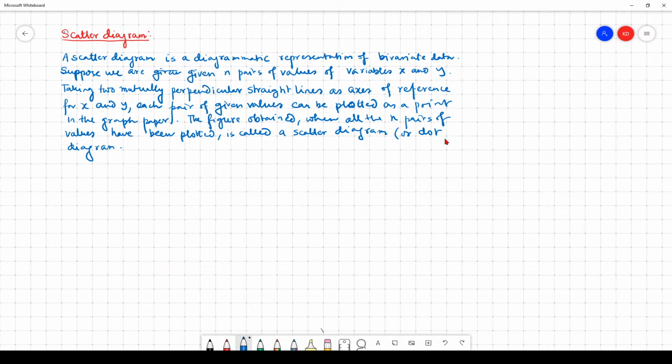Okay, so this is the x-axis, this is the y-axis, and we plot the paired observations, and it looks like this. This is called a scatter diagram.